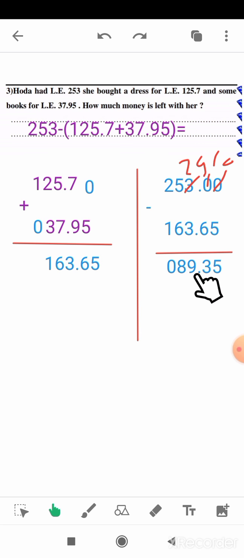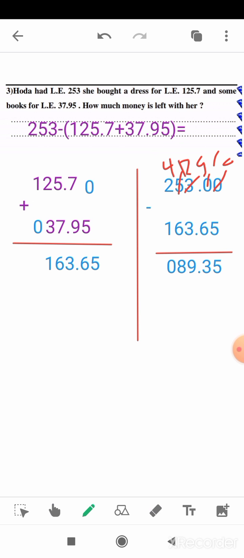Points, down points. 2 minus 3 can't be, so I will take 1 from 5 here. So 5 will be 4, and 2 will be 12. 12 minus 3 equals 9.